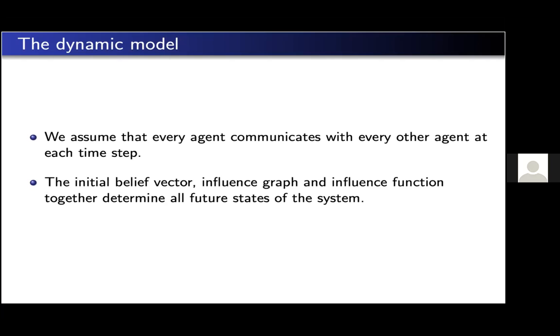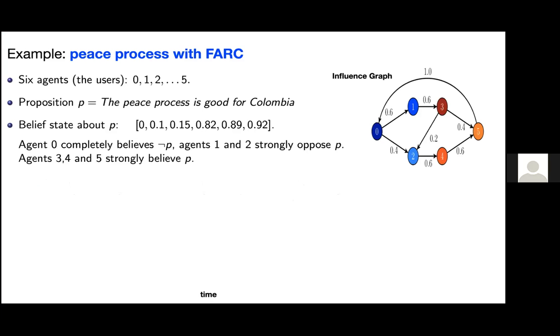So what is happening here is that all the agents continuously are updating their beliefs, taking into account these two biases, either the confirmation bias or authority bias. So here's our little example again. We have the peace process with the same agents, the same influence graph.